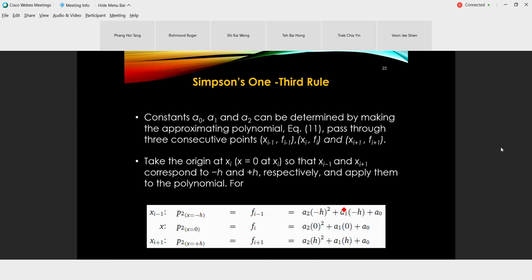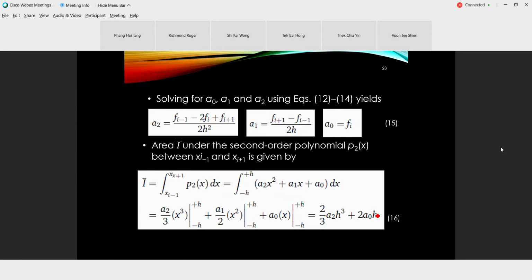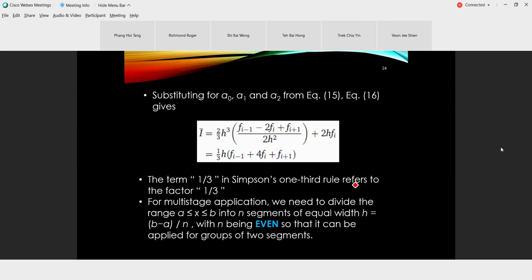So they get it like this. Solving for A0, A1 and A2, they found that the area under the second order polynomial between xi minus 1 and xi plus 1 is given by this, so they derive further. Then they substitute for A0, A1 and A2. After that they produce the average value of the integration, which is similar to h over 3.